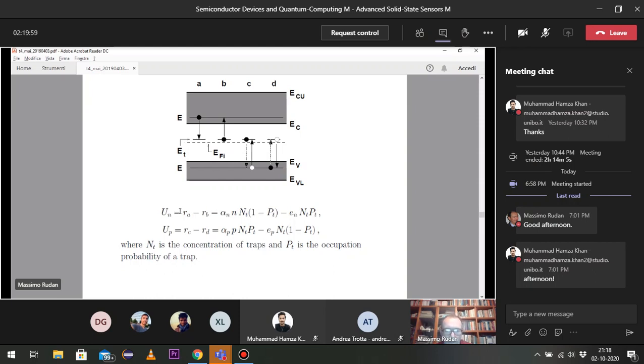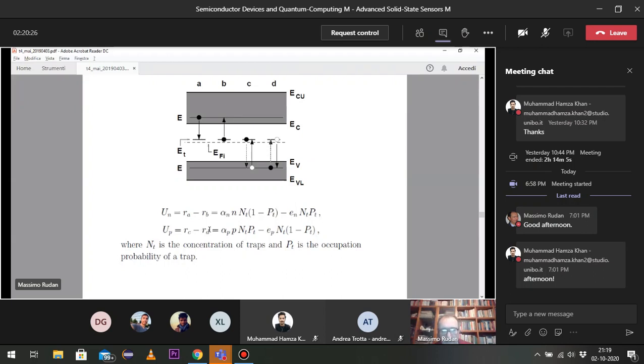So we calculate Un and Up separately in the equilibrium condition, but you remember at equilibrium Un is 0 and Up is also 0. Okay, so at equilibrium RA is equal to RB. And similarly, RC is equal to RD.